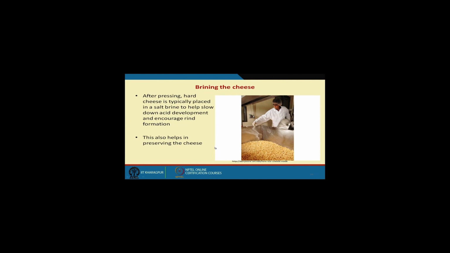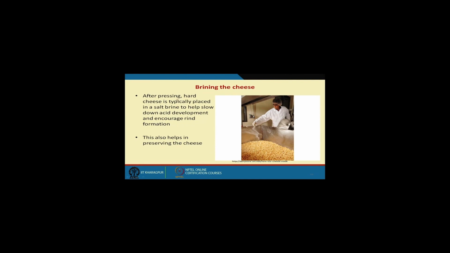A lot of people like the smoke flavor, or soaking with wine or another liquid, or adding herbs that have some medicinal value, and spices to the curd. It will give you a different type of taste. This is how different types of cheese are manufactured.